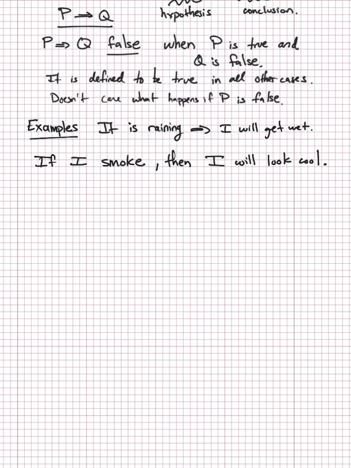Again, whether it's true or not depends on whether P and Q are both true. So maybe I should say this is P, this is Q. So let's think about what is the negation of P implying Q.